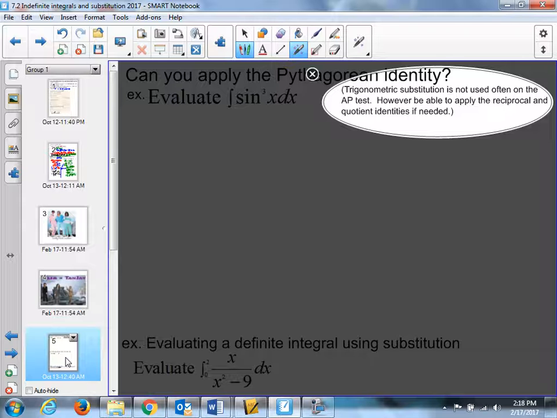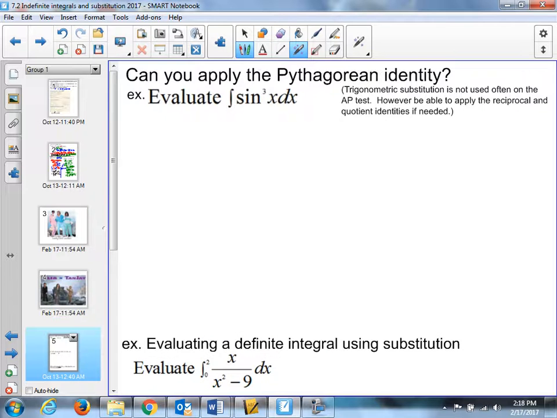It's not really on the curriculum, so some teachers are like, I think it should be done. I don't. But as far as memorizing identities, do be able to memorize the reciprocal identities, quotient identities if needed, and the Pythagorean identity. Those are the ones you're assumed to know as far as I know. You don't need double angle ones as far as I know. I'm not guaranteeing that. So I'm going to skip this one right now.